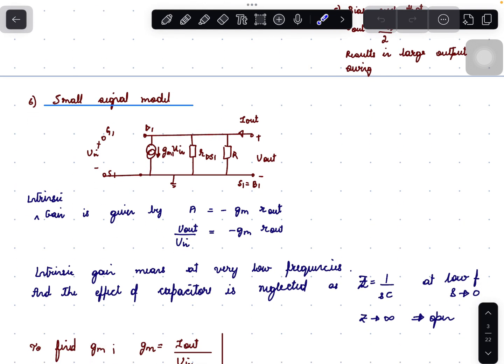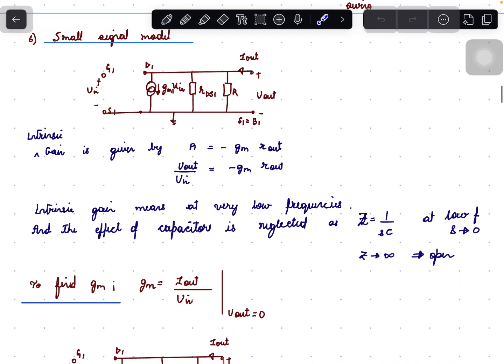To find the intrinsic gain, that is the gain at low frequencies, we have to find minus gm times Rout of the circuit. Gain is always given by minus gm times Rout. That is the intrinsic gain. Here the gain is calculated at low frequencies, that is s tending to 0.